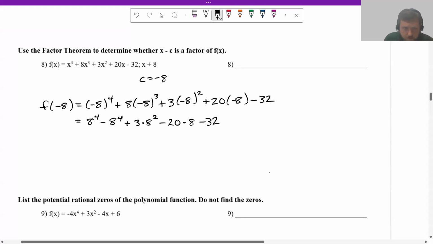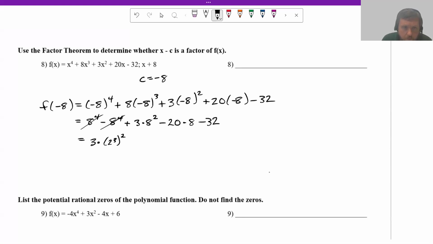Okay. So these cancel out. And then let's see. Well, you know what? I'm just going to jump straight into it. Because again, like I said, you could just do this with the calculator.